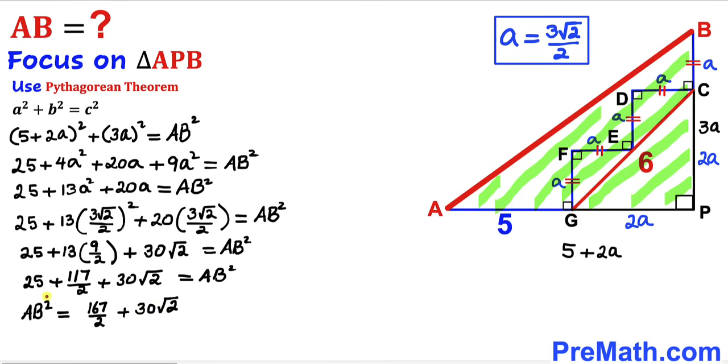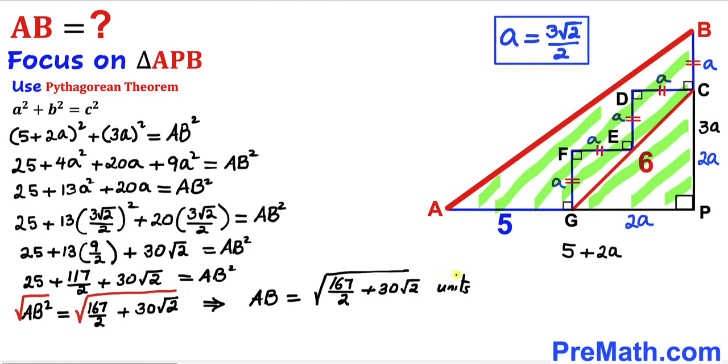And now we are going to undo this square by taking the square root on both sides. So our side AB length is going to be equal to the square root of 167 divided by 2 plus 30 times square root of 2 units.